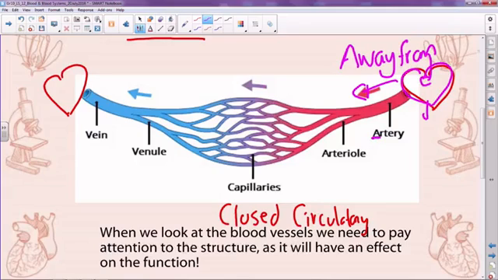Look, A for away. Most arteries carry oxygen, but there are exceptions, which is why this is the preferred terminology. The blood vessels moving blood away from the heart are called arteries, and this is an artery here.